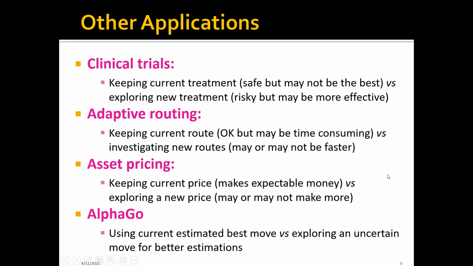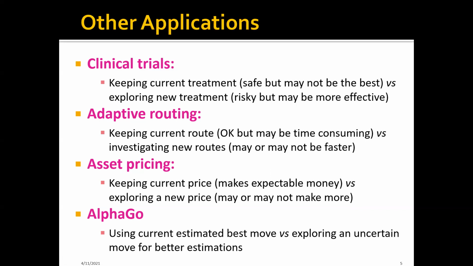Another application is asset pricing. When you want to price some kind of asset, you need to choose between keeping the current price or exploring a new price. If you choose to keep the current price, it can make expected money. But if you choose to explore a new price, it may make even more money for you, but it may not.